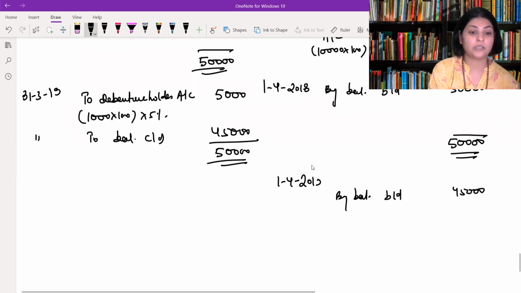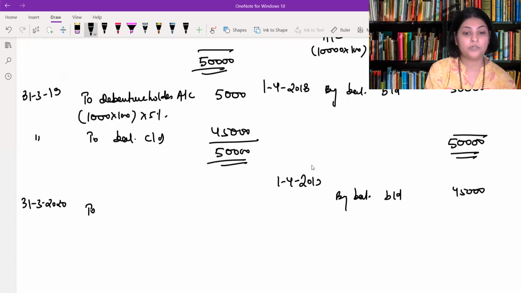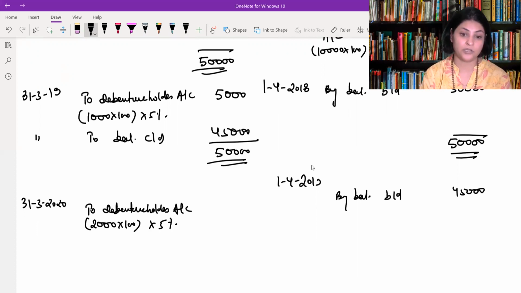Okay, so here on 31st of March 2020, I will write down to debenture holders account. And the number is 2,000 debentures of rupees 100 each multiplied by 5%. So 2 lakh rupees multiplied by 5%. So this is 10,000 rupees.